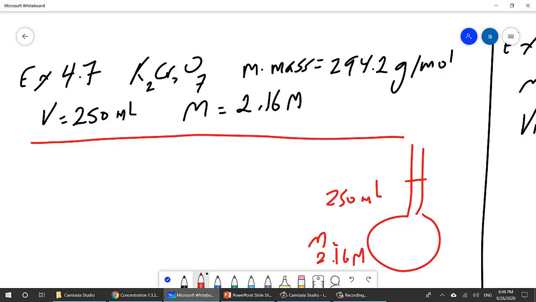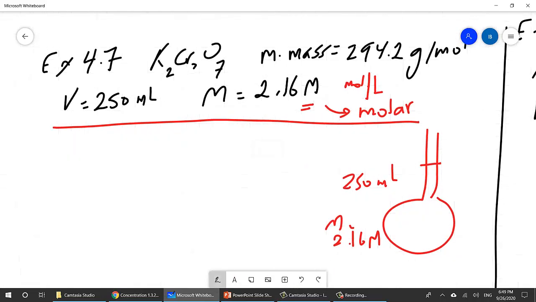The unit of concentration is molar, or mole per liter. It's pronounced molar. So here I'm asking about the mass. I have only one rule.